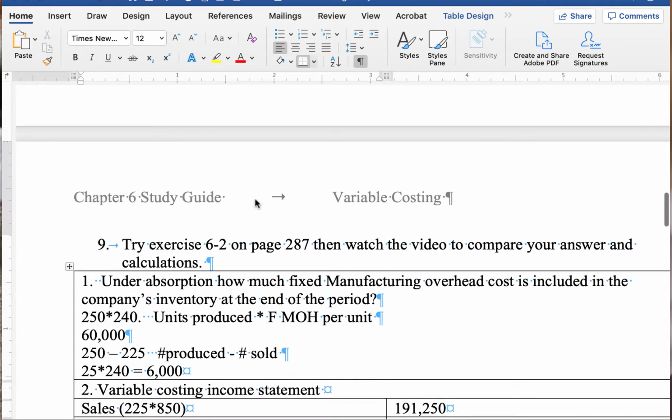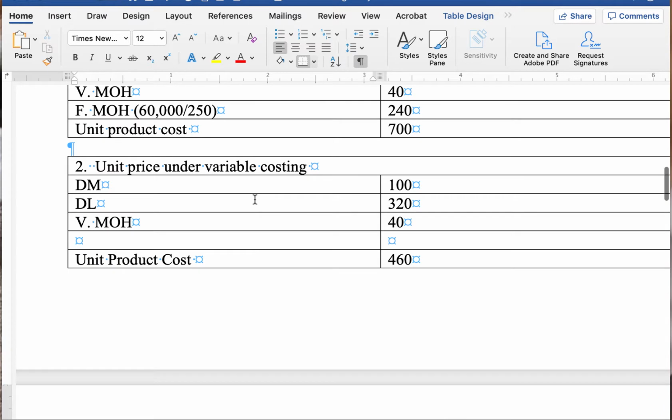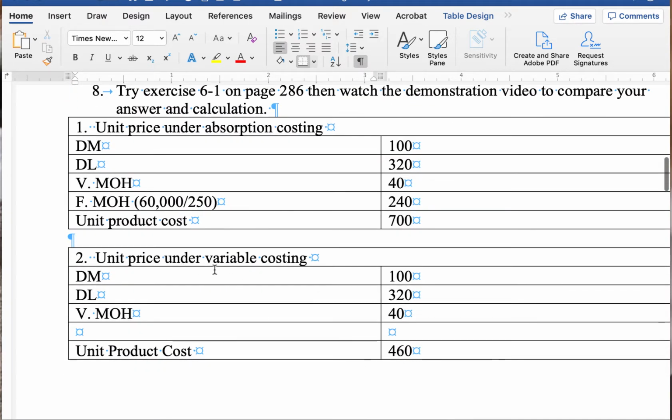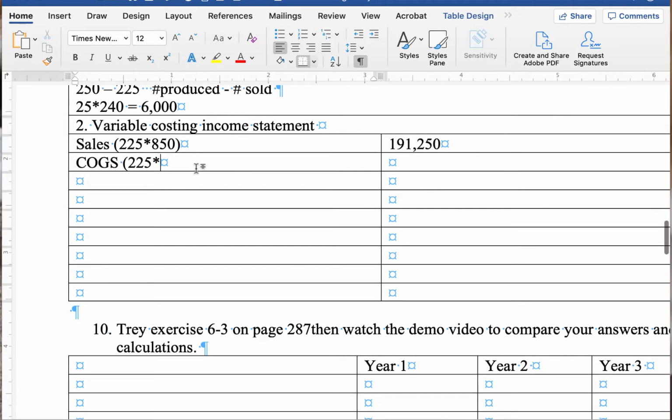I already figured it out. It's 460, right? That was part of number 1. Unit product cost under variable, 460. So I'm going to multiply that by $460. I end up with 103,500. Not done yet. Why?